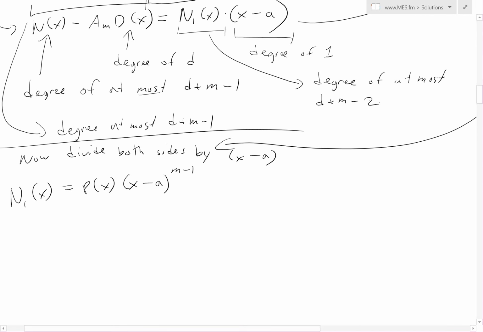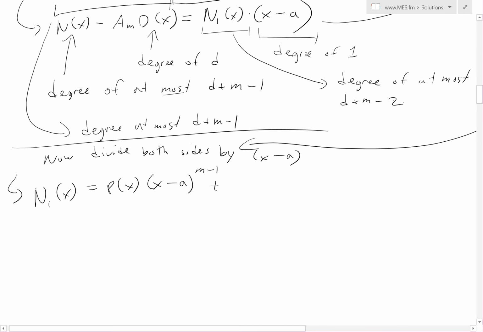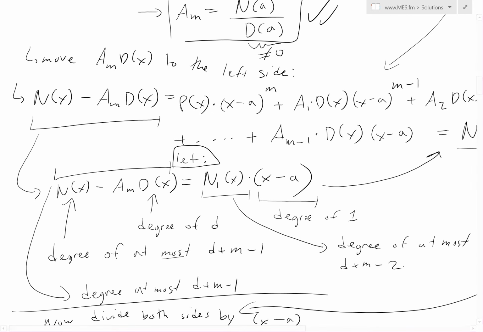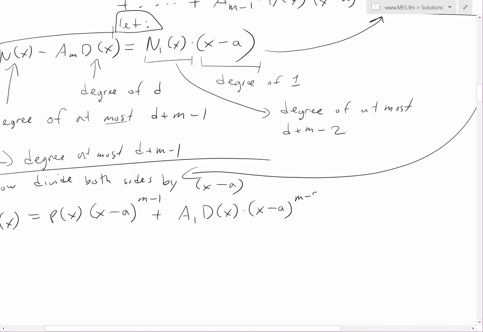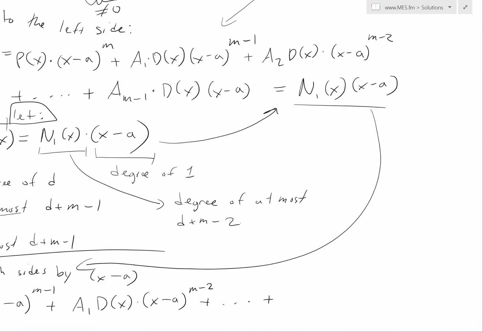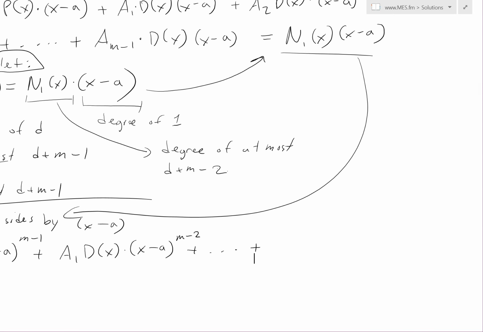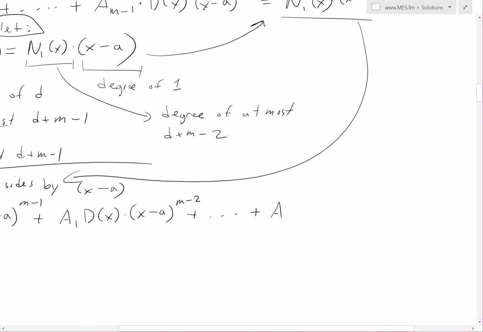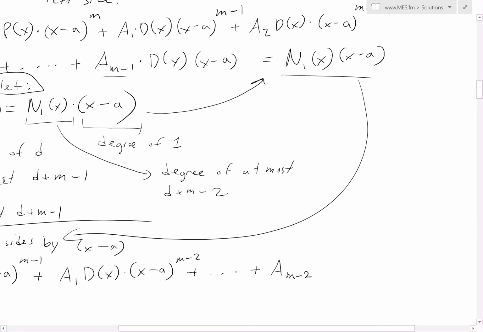And then we add a1 times d of x times x minus a to the m minus 2, plus, etc. We keep going until we get the second last term, which is a m minus 2, because our new last term is m minus 1.